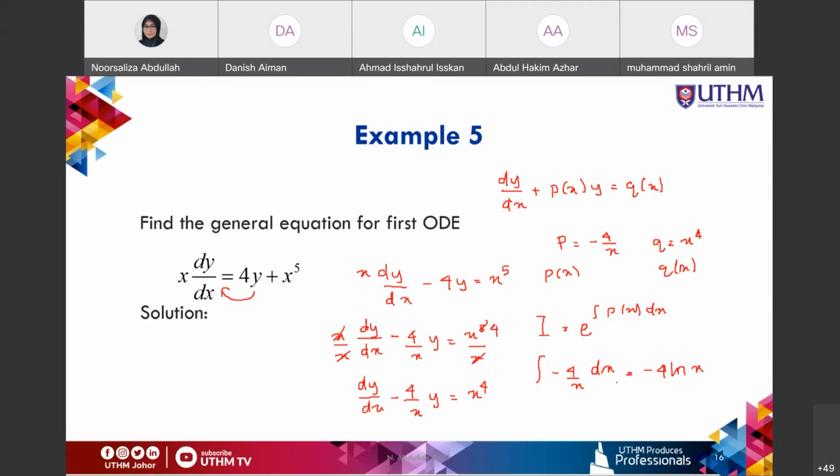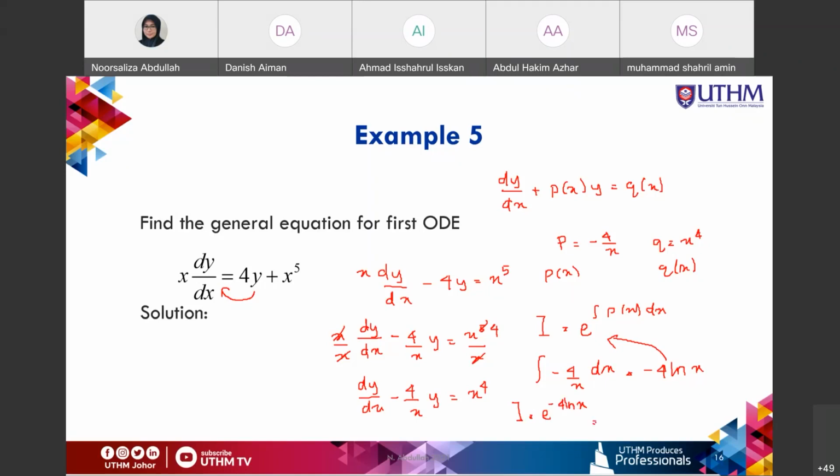Lepas tu, you dah integrate ni, you masukkan kat dalam ni. Then I equals to exponent minus 4 ln x.